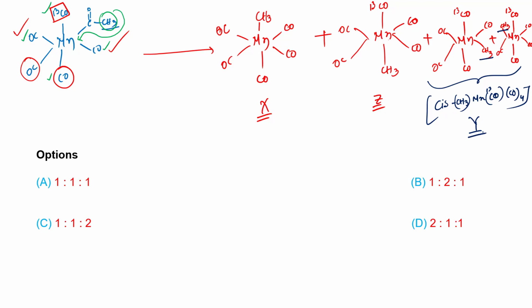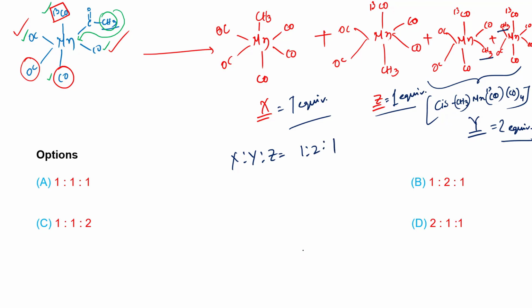That is compound Y. And how many equivalents of this compound are forming? Two equivalents. Thus X is forming one equivalent, Z one equivalent, and Y two equivalents. So our X to Y to Z ratio is 1 is to 2 is to 1. So your answer is option B.